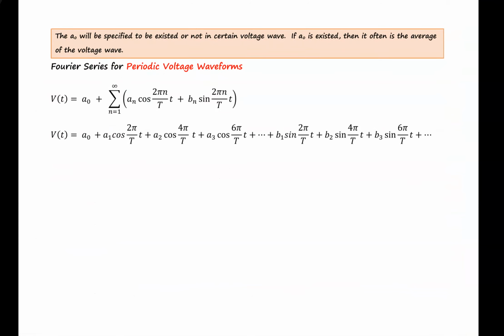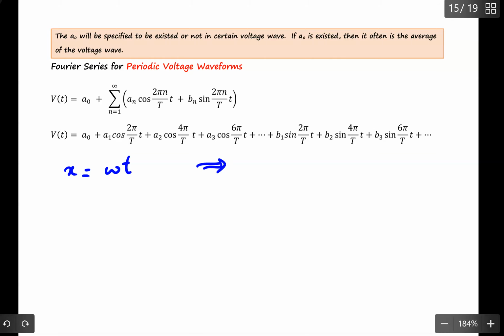To do that, I would like everyone to let x equal omega t. Omega is angular velocity, and angular velocity is defined as 2 pi f.